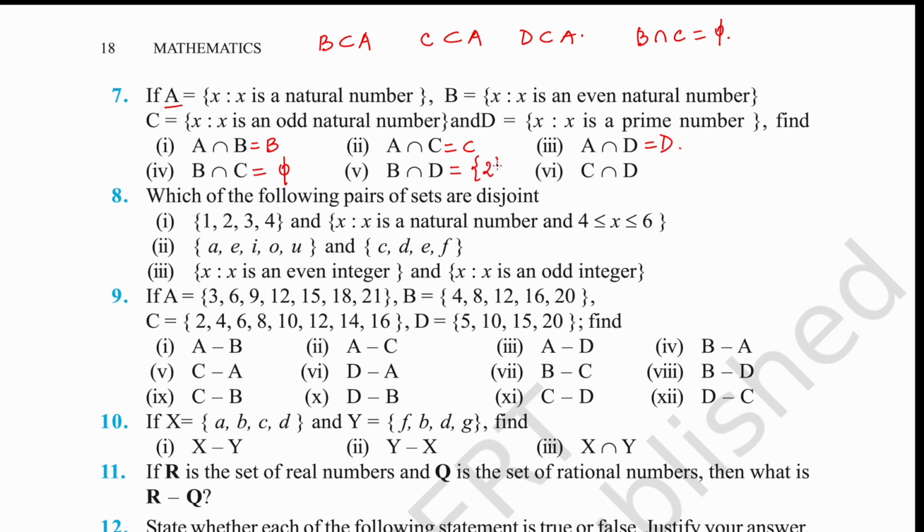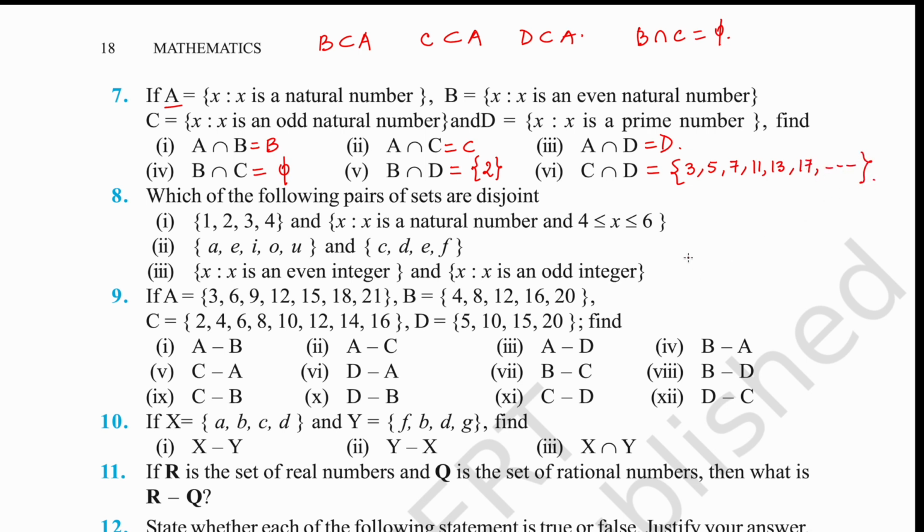So 2 is the only element which is even and which is prime, right? C intersection D. C intersection D basically will give you all the odd prime natural numbers. So odd prime natural numbers are, you start with 3, you have 5, you have 7, then the next odd prime number is going to be 11, then the next odd prime number is going to be 13, then the next odd prime number is going to be 17, and so on.